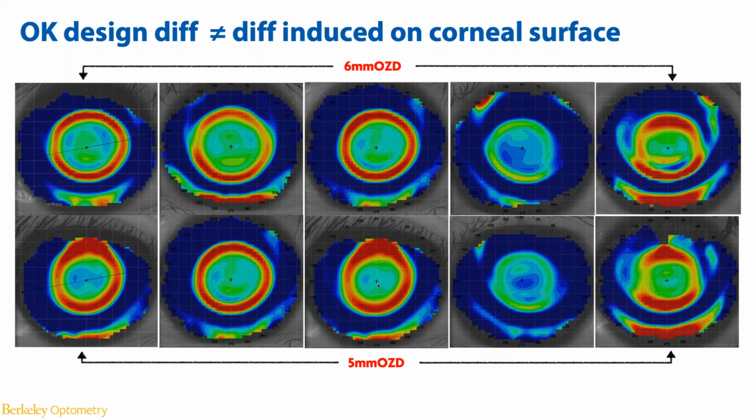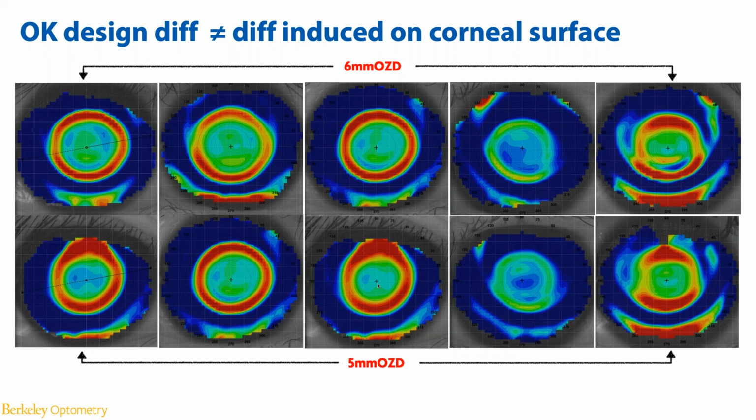So this has been my number one indication for using the 5mm OZ for troubleshooting, which is minimizing the chance of that hydraulic pressure not being transferred as effectively into the center of the cornea in the larger OZ.